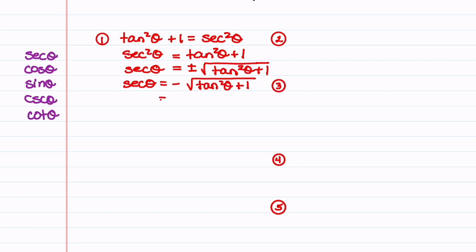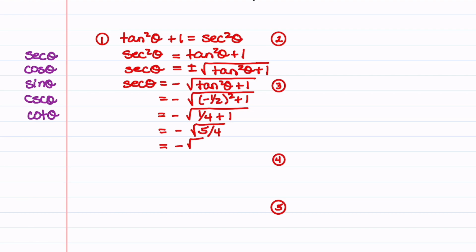We'll plug in that tangent theta is equal to minus 1/2. This gives us minus the square root of 1/4 plus 1, which is minus the square root of 5/4, which gives us an answer of minus root 5 divided by 2.